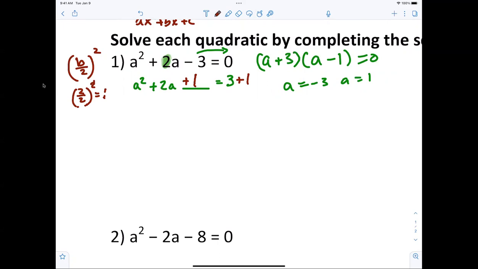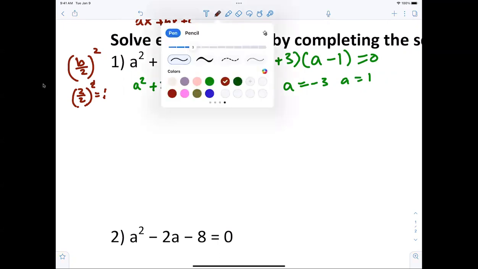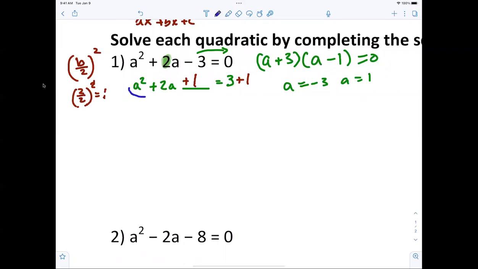Now this will always factor to a perfect square. It will always factor to whatever the half was. What was the half of 2? 1. I prefer you say +1. So it's going to factor to a plus 1 squared equals 4.